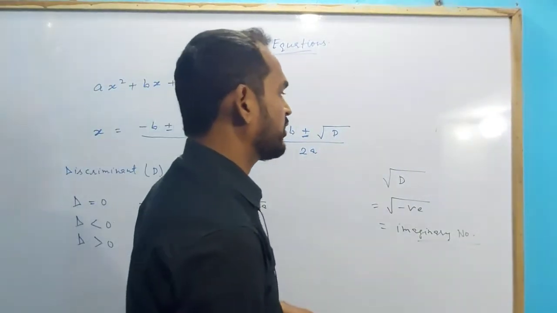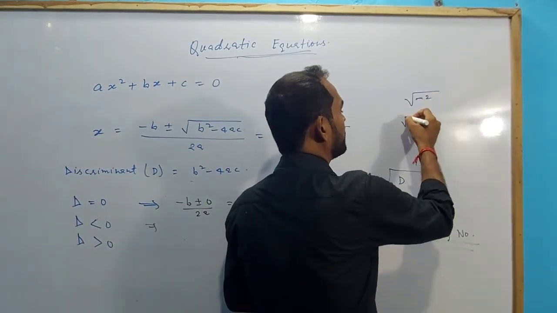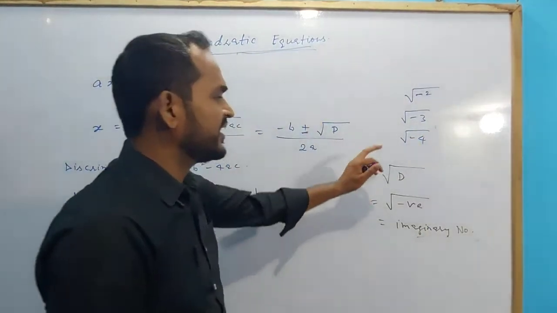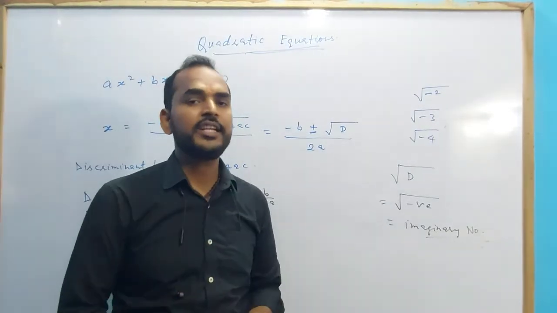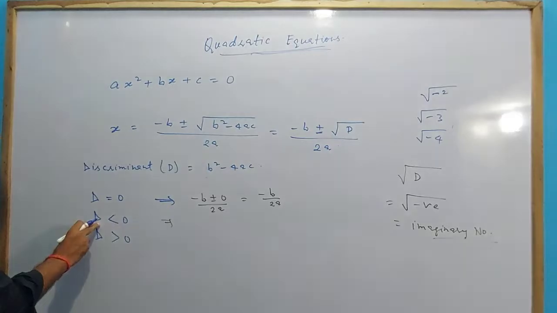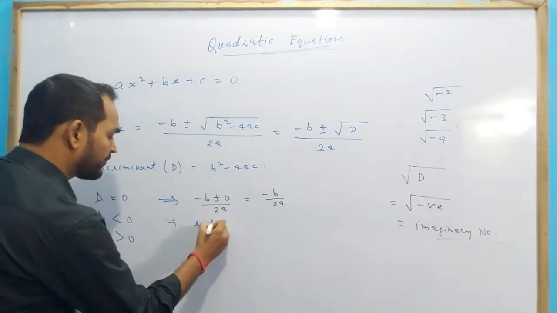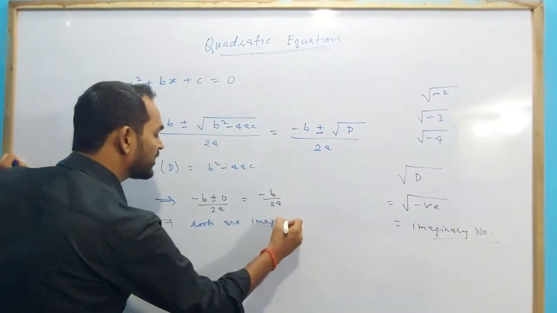Any number under root like root minus 2, root minus 3, root minus 4 is an imaginary number, and you cannot represent it on the real number line. Therefore, when D is less than 0, the roots are imaginary.